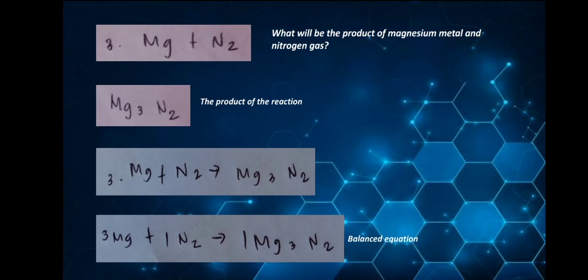So if we combine them, it will result in Mg3N2. So that's the product of the reaction. And now the next step is to balance the equation. So we put 3 in front of the magnesium, and 2 for the nitrogen. So everything now is balanced.